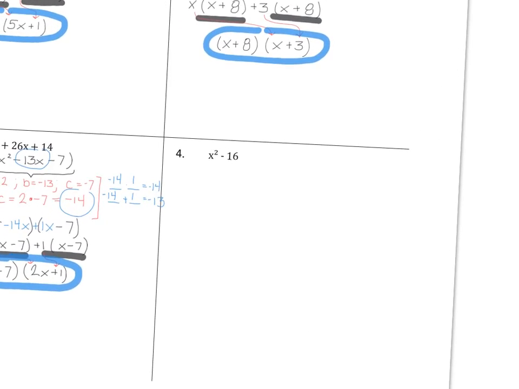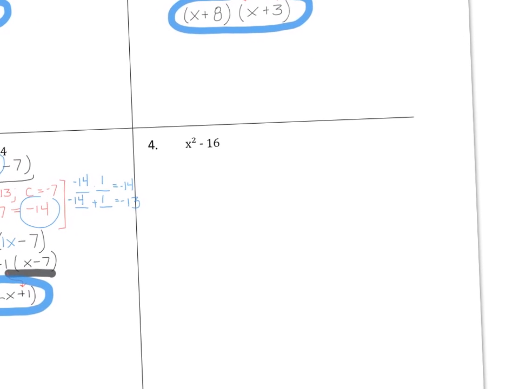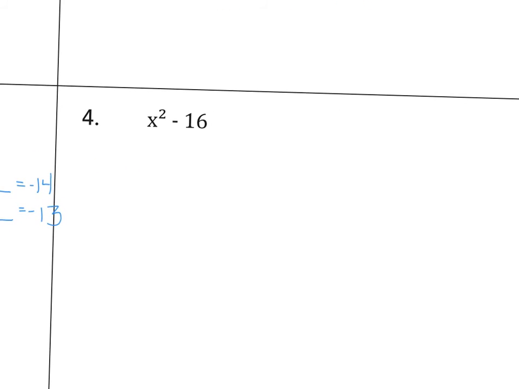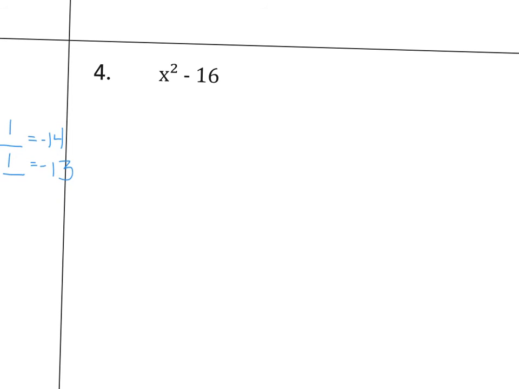All right, last one. This one also looks a little bit different. We have x squared minus 16. If our form is ax squared plus bx plus c, this problem does not fit into that equation. It appears that we are missing our bx term.